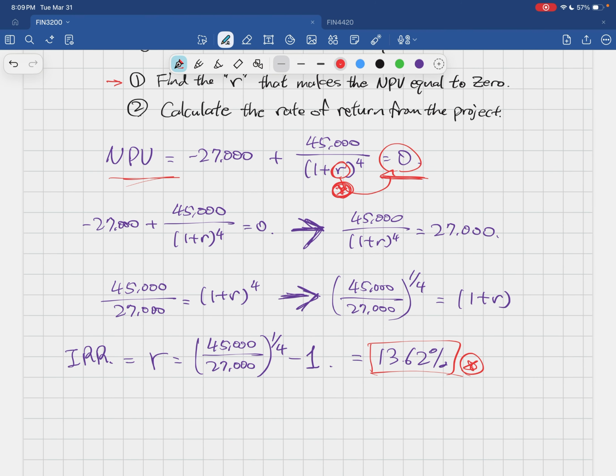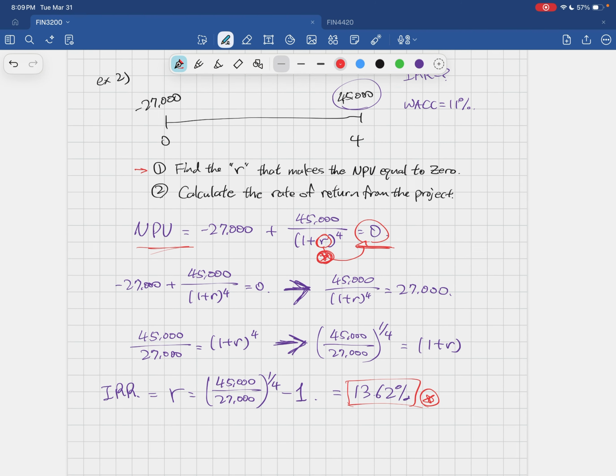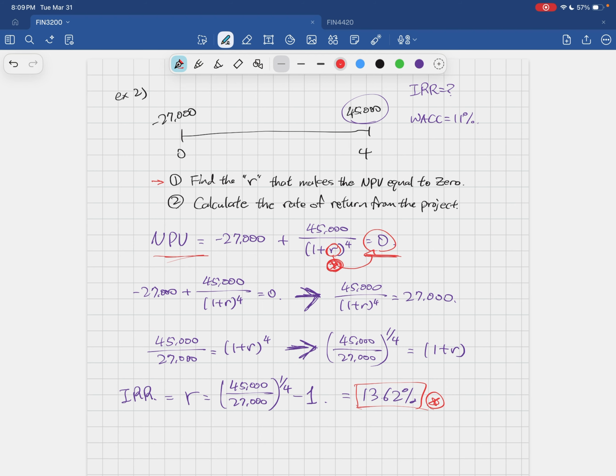That was the first method. The second method is a bit easier, so we're going to use this second definition. The IRR is the rate of return generated from this project. That is, if you put in $27,000, you'll get $45,000 in year 4.